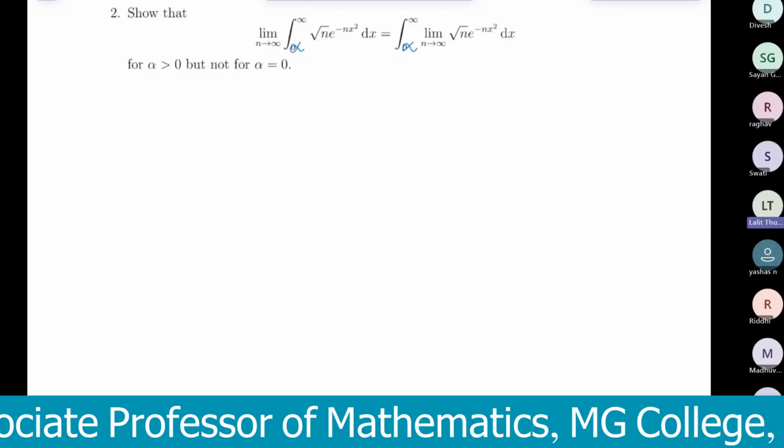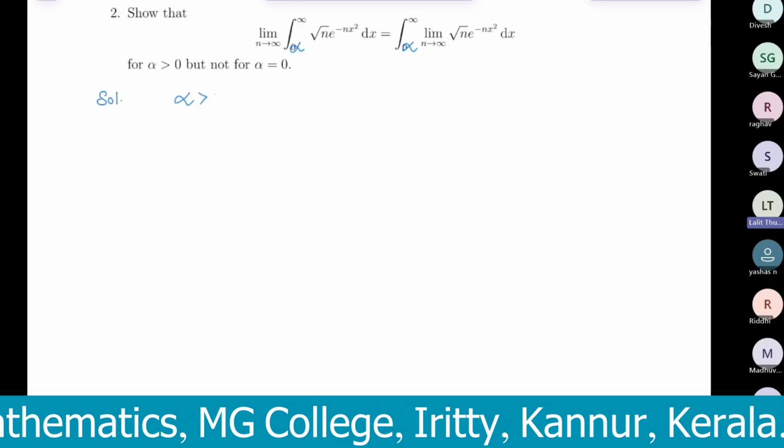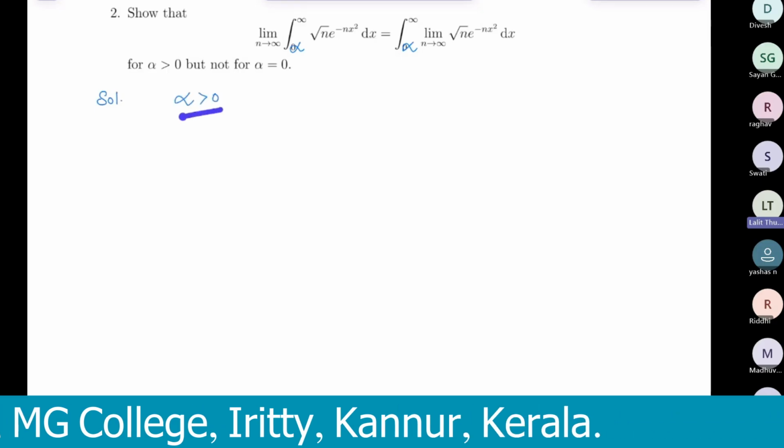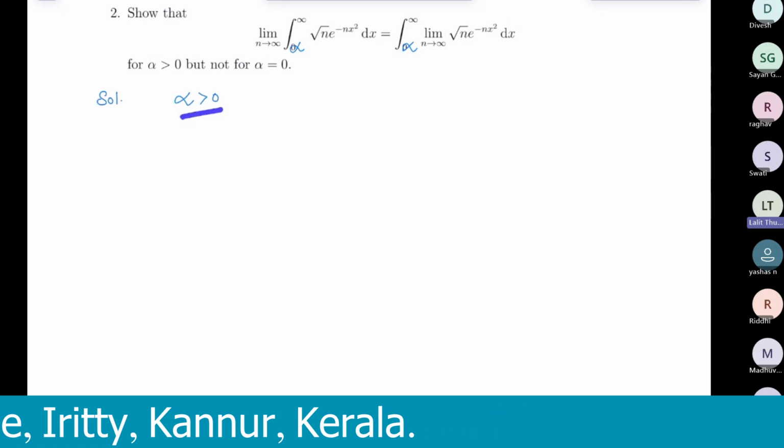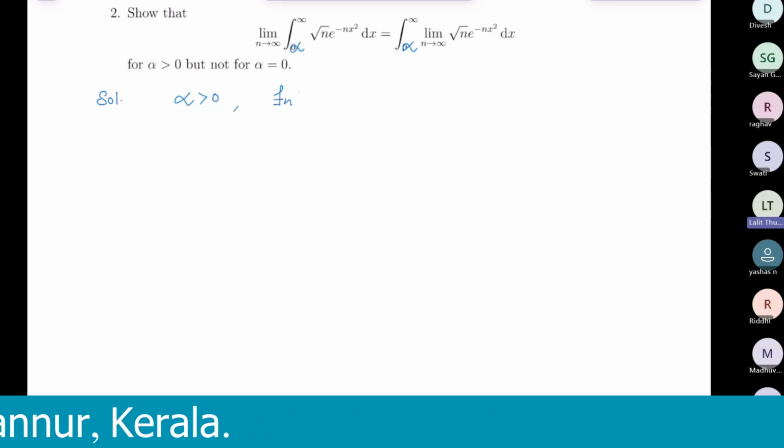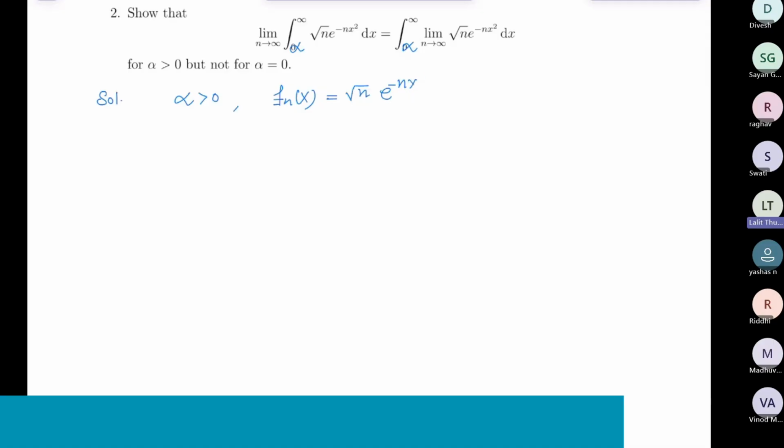Solution: let us consider the case first when alpha is greater than 0. Consider the sequence of functions f_n(x) equal to this, okay?